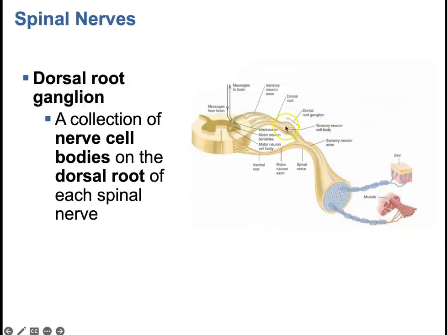Then our dorsal root ganglion, like I said, is a little swelling in that dorsal root. So what is happening is you're going to have sensory information coming in, and what we have here is what is called a unipolar neuron. As a signal comes in, processing is going to happen in this little soma, the signal continues into that dorsal horn, and then the message will go up to the brain through an ascending tract, which is an afferent tract, a sensory tract.